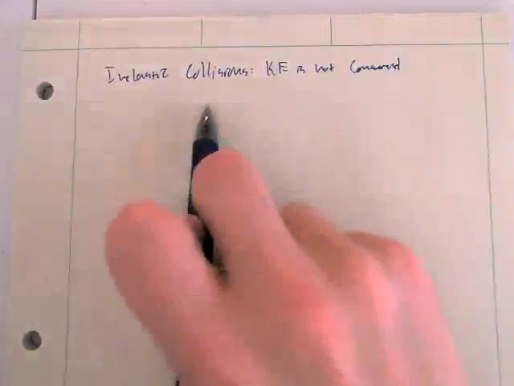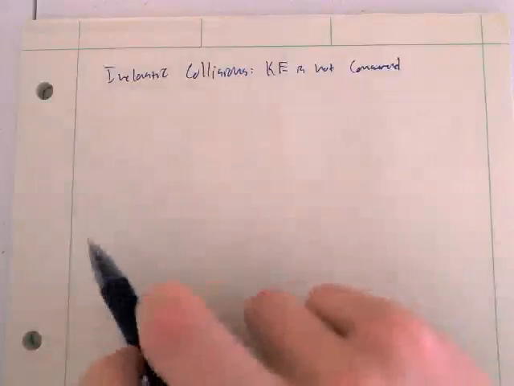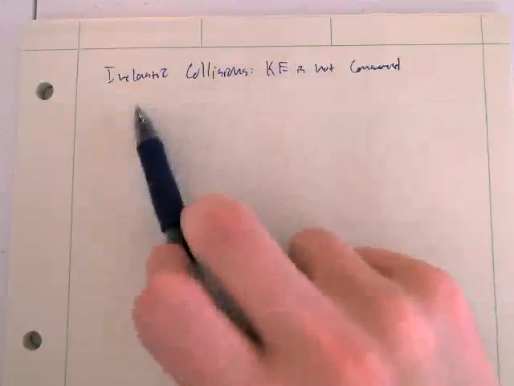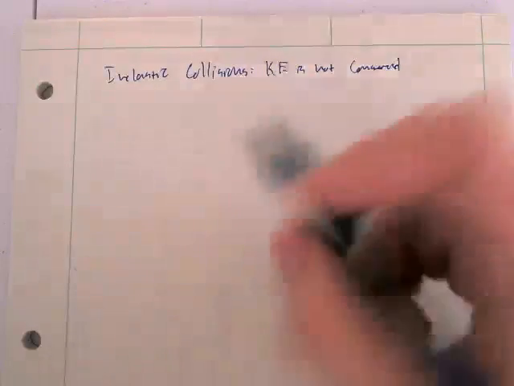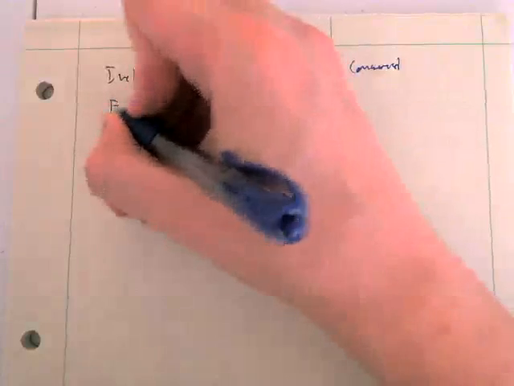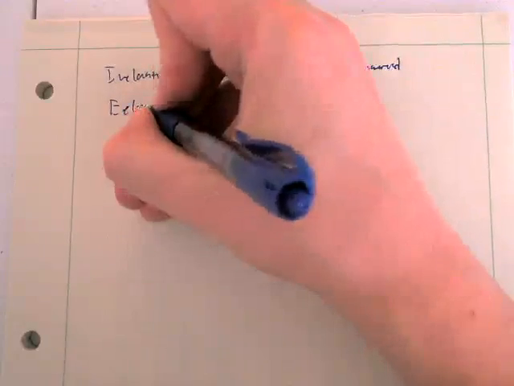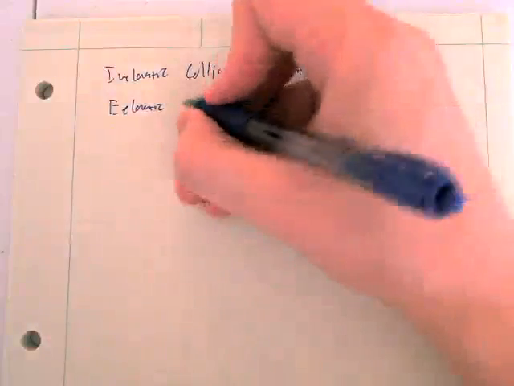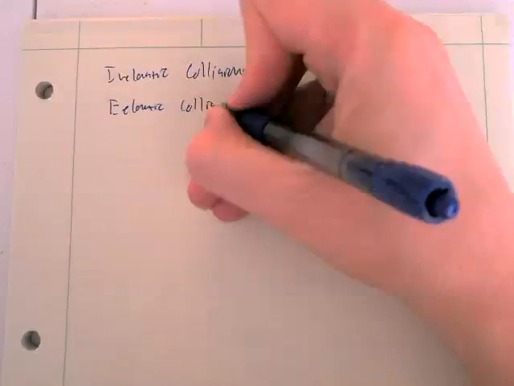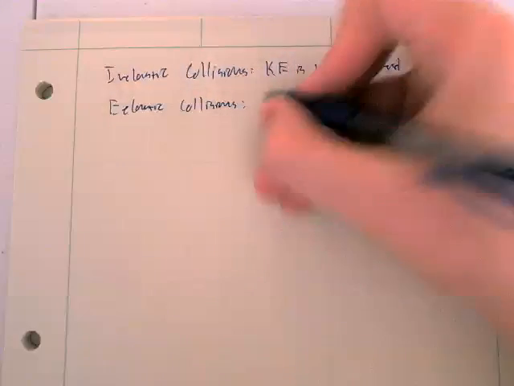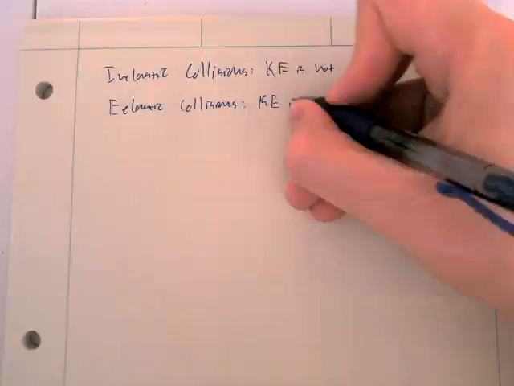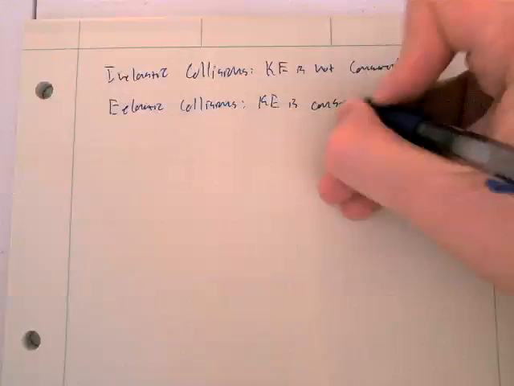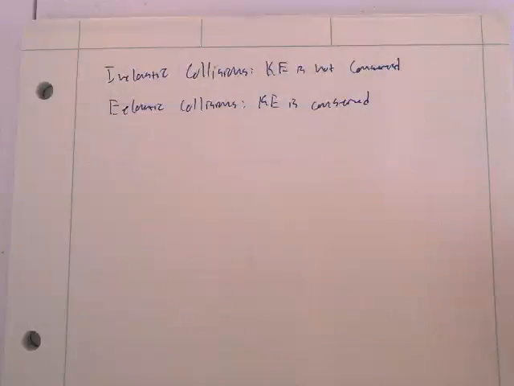So in an inelastic collision, usually what this means is you have your two objects collide and then they stick together. Elastic collisions are ones where objects tend to bounce off of one another. So for elastic collisions, we're going to say that kinetic energy is conserved. That's the main difference between the two.